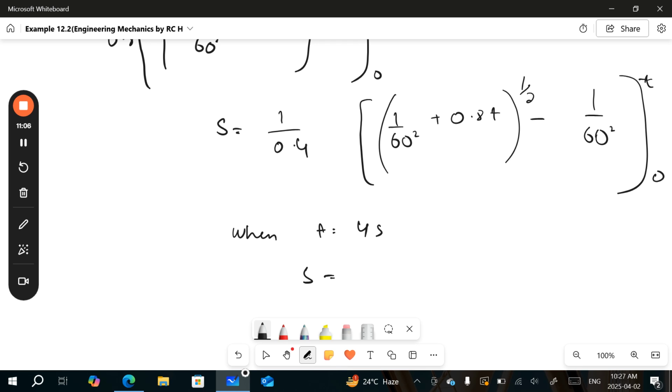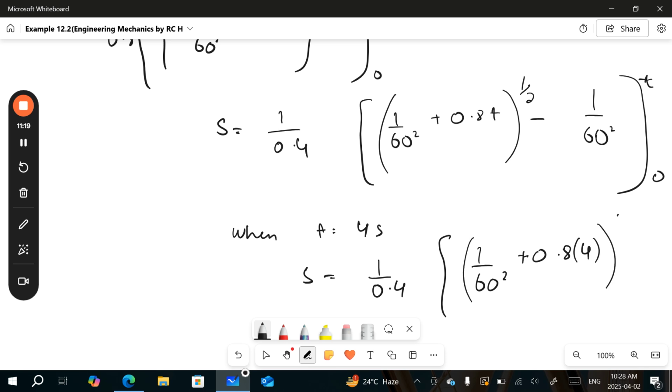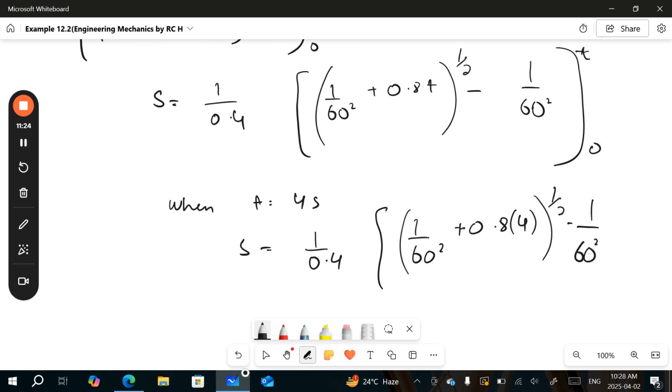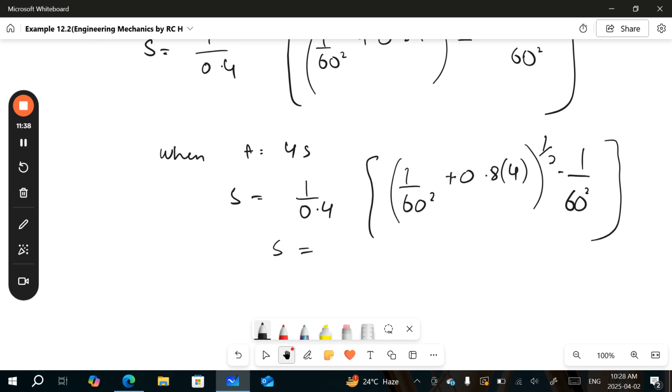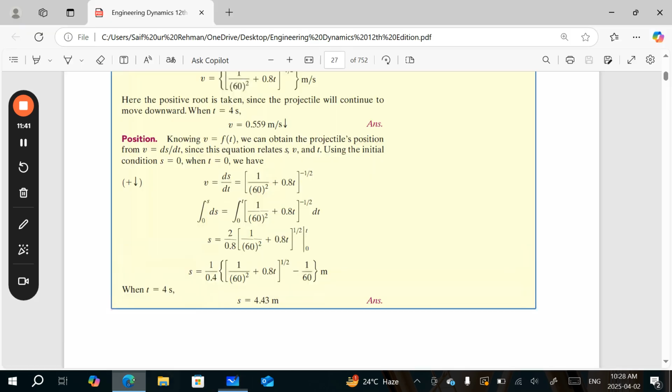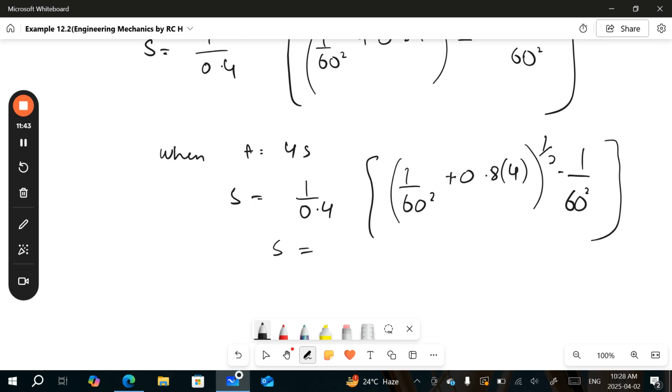When t is equal to 4 seconds, s is equal to 1 by 0.4, (1 by 60 square plus 0.8 into 4) over 1 by 2 minus 1 by 60 plus 1 by 60 square. Sorry, here I have also put the limits, which is not necessary because we have already put the limits. So here we have the answer as given in the example, 4.43.